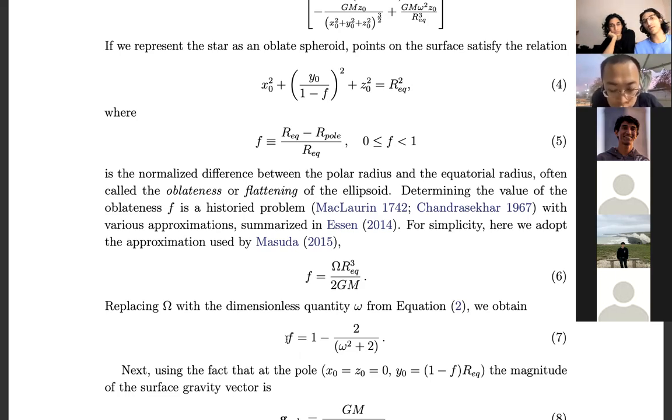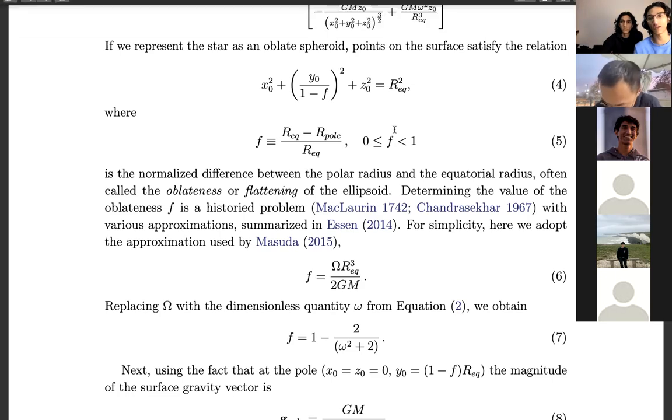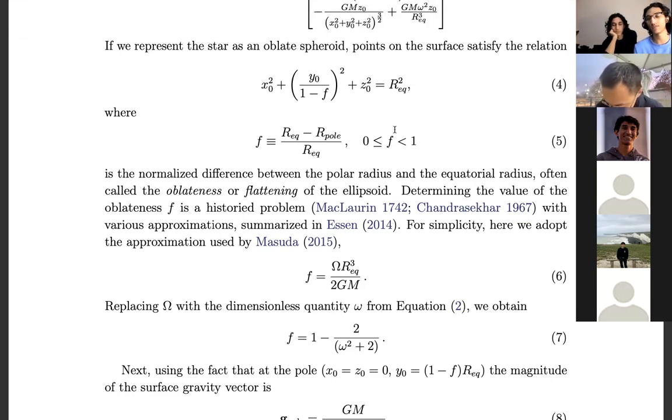Really the only ways that we know of oblateness and the gravity darkening effect, and the ways we can observationally constrain them, are through interferometric observations, where we're actually physically resolving the star itself with interferometry from the ground. And this is only applicable to a handful of stars that are very close to us and very bright. So the short answer here is we don't know very much about these quantities, but we know that these approximations are valid within what we know.